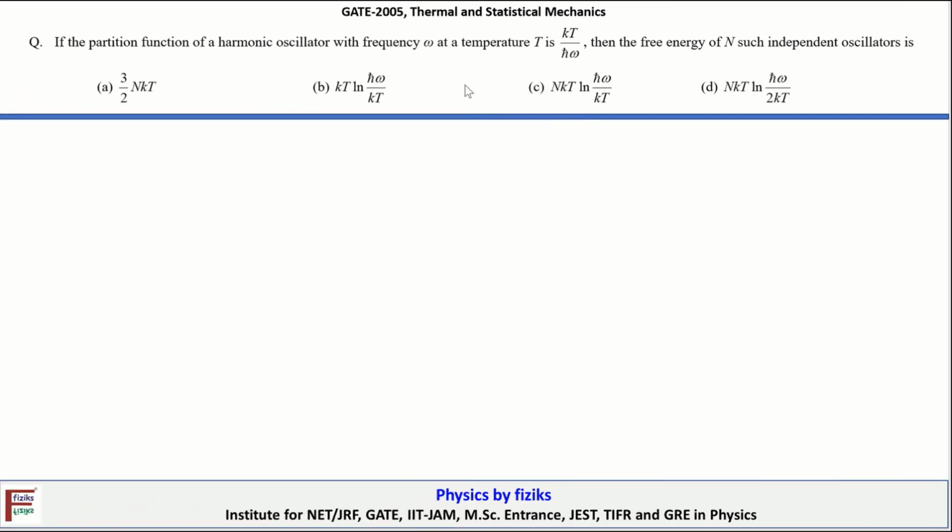So let's continue with the next problem. If the partition function of a harmonic oscillator with frequency omega at a temperature T is, okay, so we are given the partition function of the harmonic oscillator, Z1, that is equal to kT upon h cut omega.